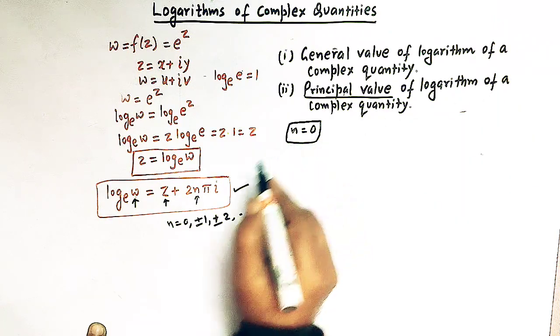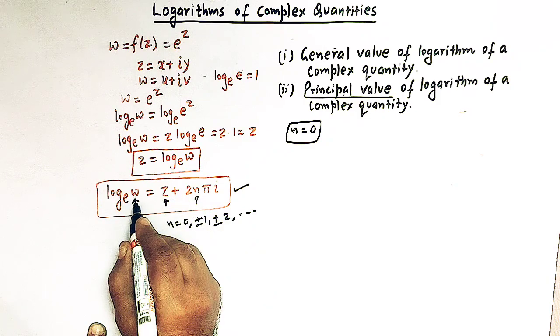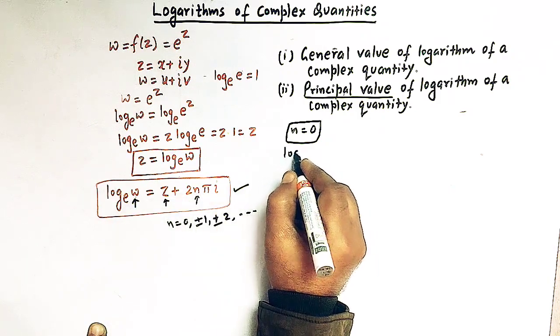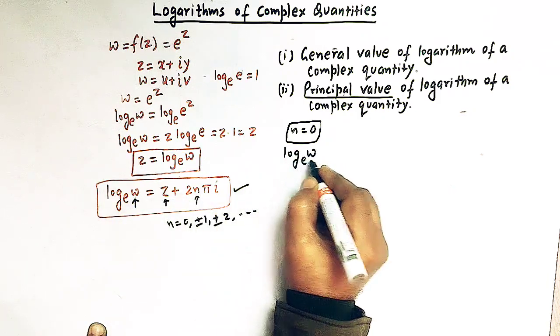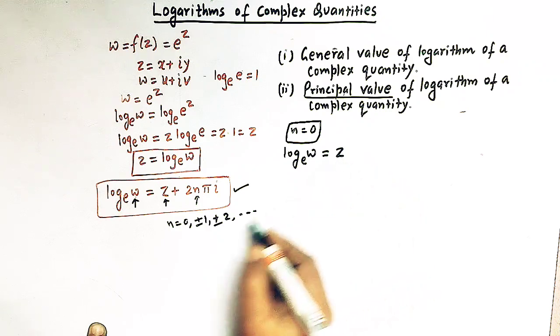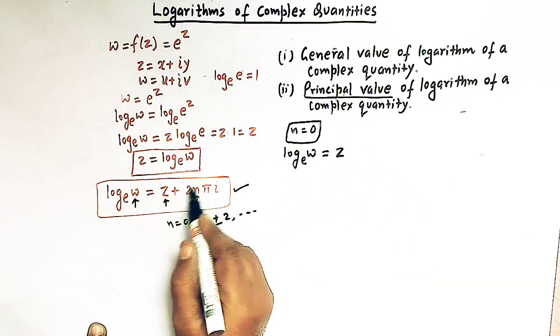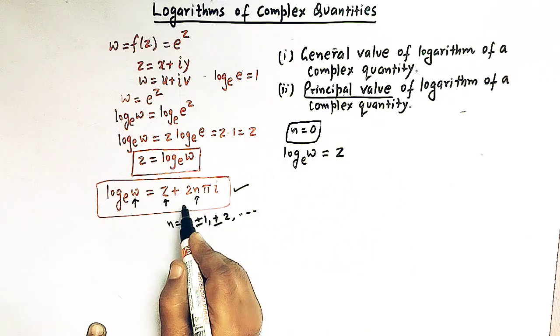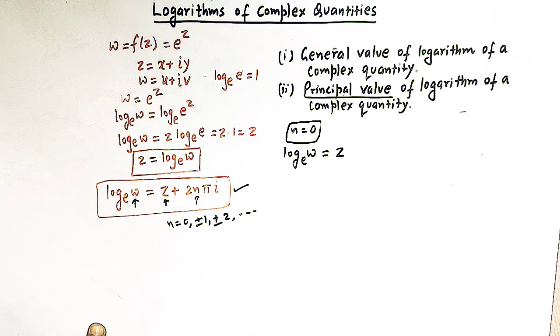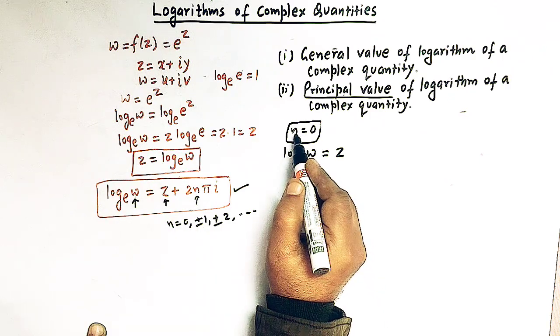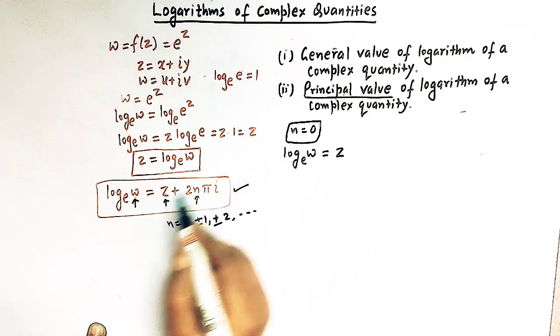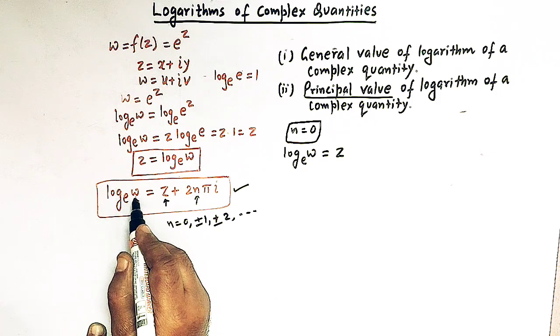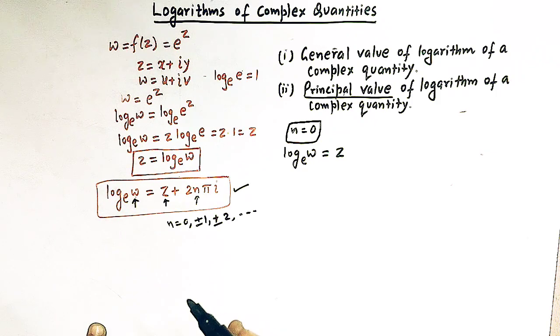So we have log of w is equal to simply z, because the term 2n pi iota is 0 when we take n is equal to 0. And for all other values of n except n is equal to 0, the logarithm of w is defined as the general value of logarithm of a complex quantity.